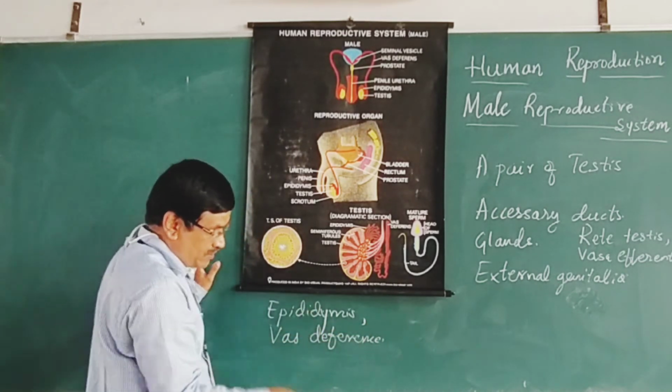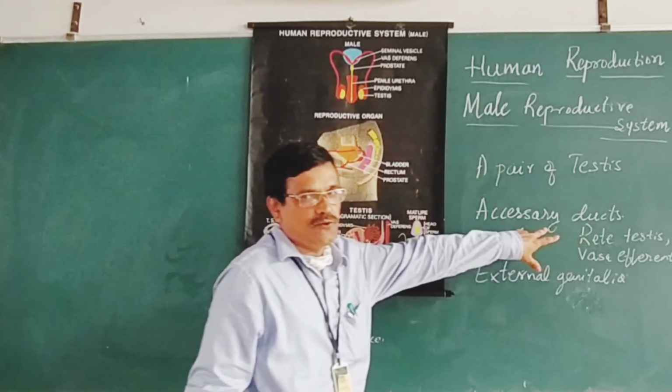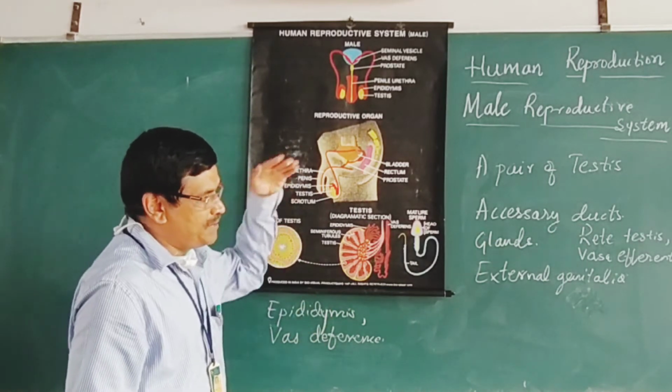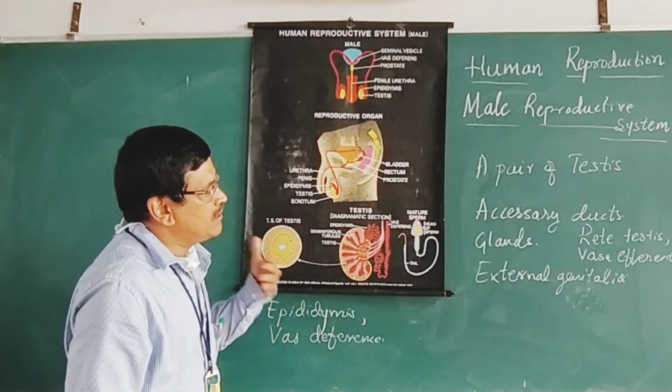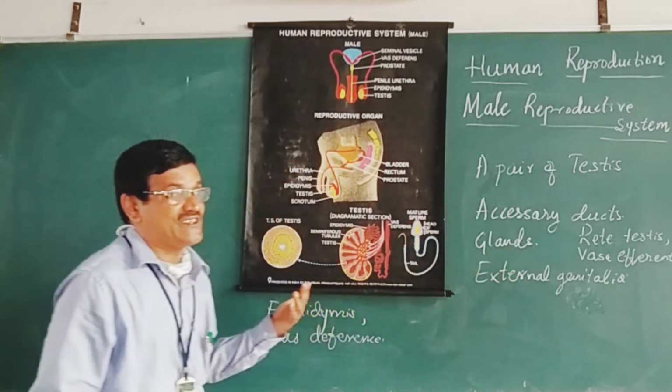So these are the four important accessory reproductive ducts found in the male reproductive system.